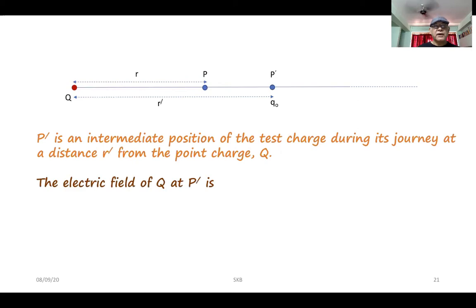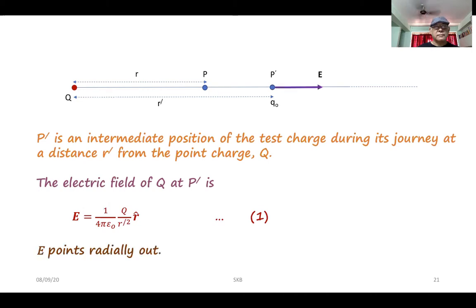The electric field of Q at P dash is as given by equation 1. Clearly, E points radially out.